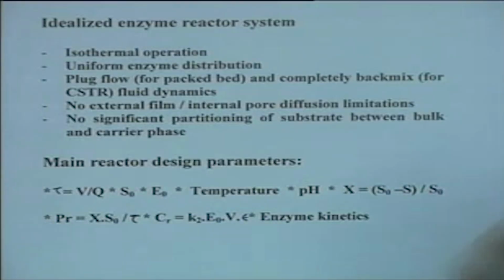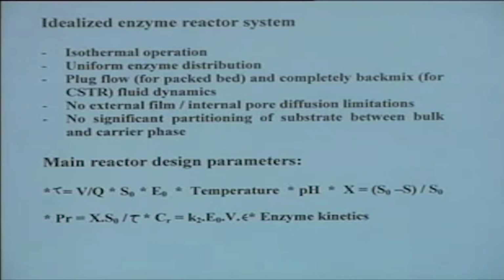Then of course, before we go into the reactor performance of different types of reactors for the immobilized enzyme systems, we normally cannot consider all the parameters like non-ideal fluid dynamics and mass transfer constraints, along with the biochemical reaction, at one stage.